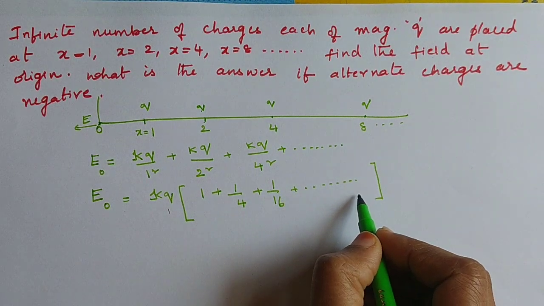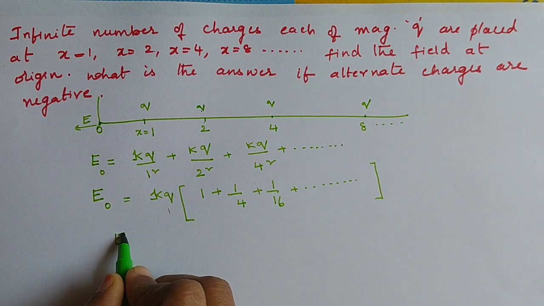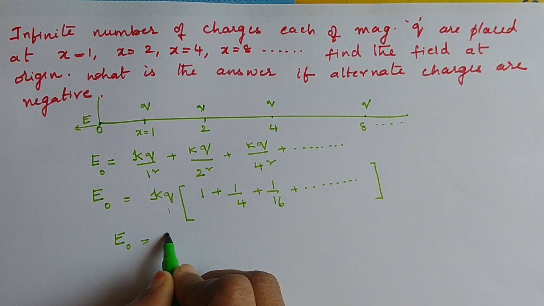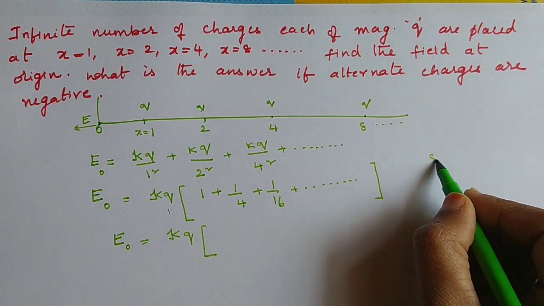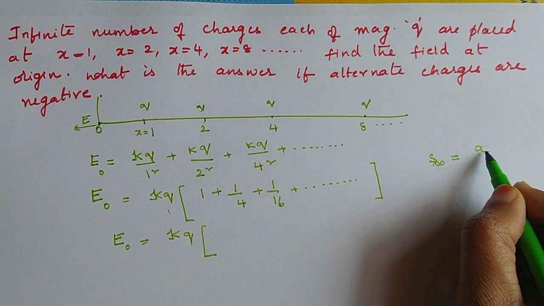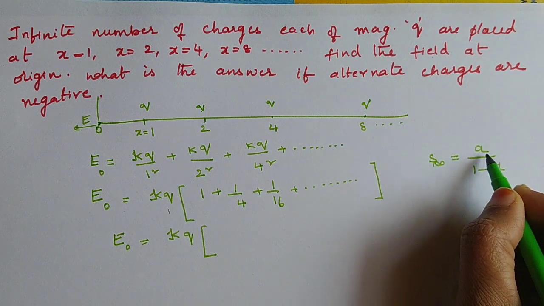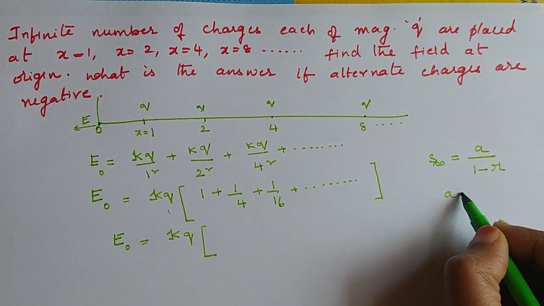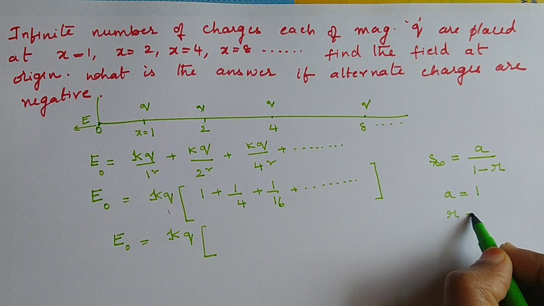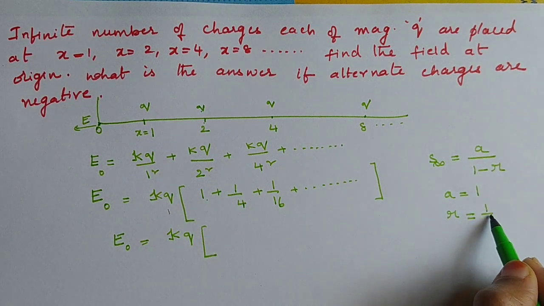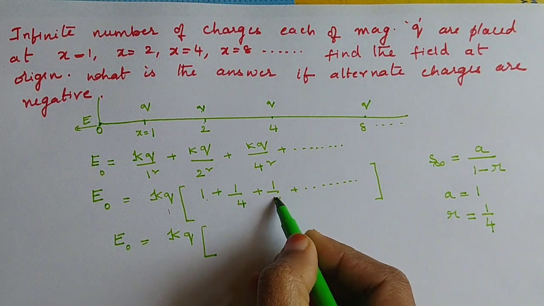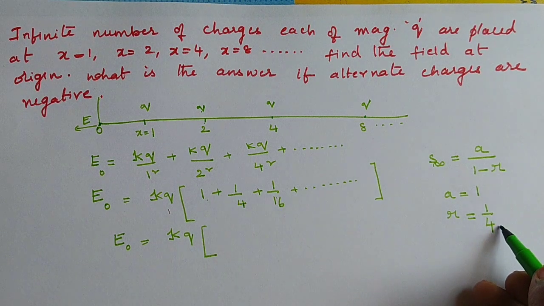So this is a geometric progression, and use the formula for sum up to infinity. It's k into q. Sum up to infinity is a by 1 minus r, where a is the first term, which is equal to 1. r is the common ratio of second term to first term, that's 1 by 4. Even third to second, the answer would be the same.